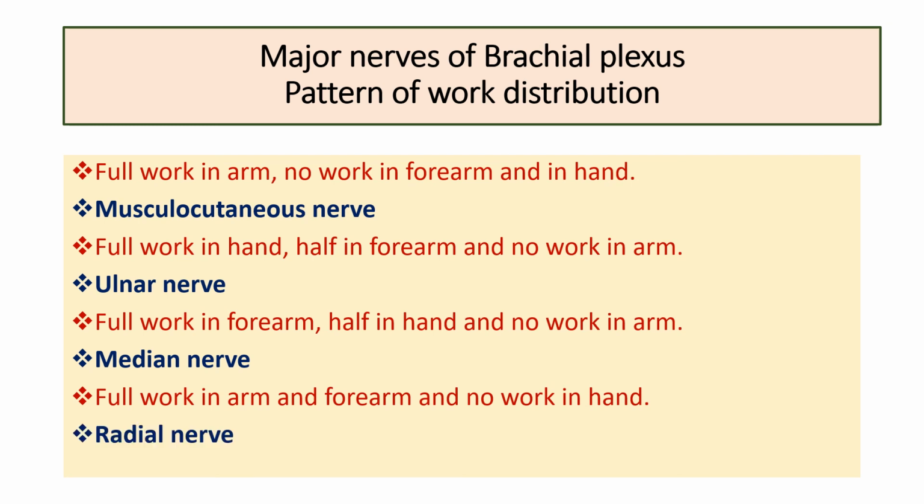That is the radial nerve. Hope you have understood the pattern of work distribution of these 4 major nerves that will help you in attempting to remember the distribution of these major nerves.